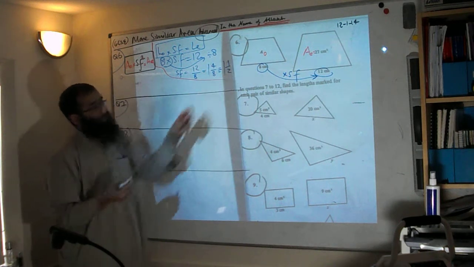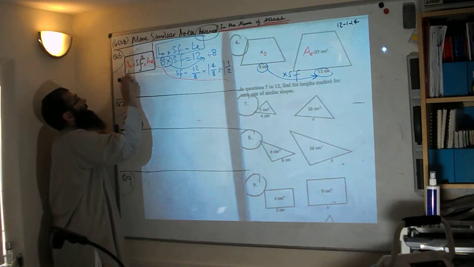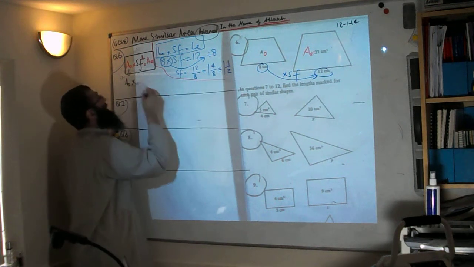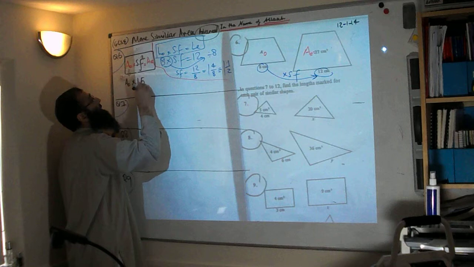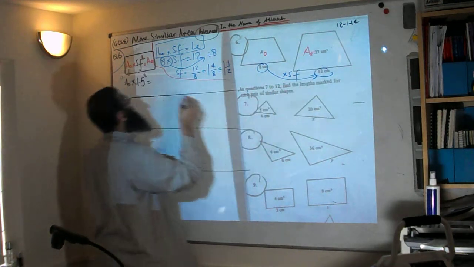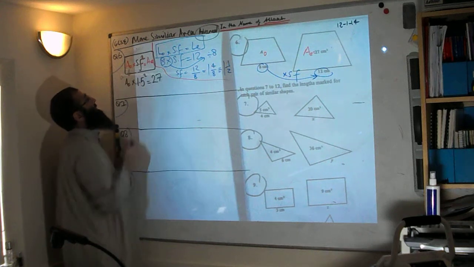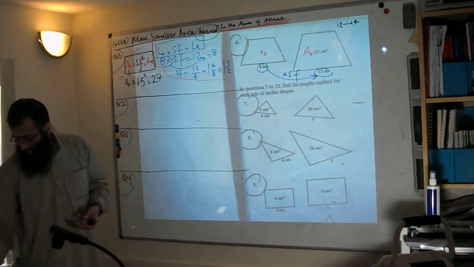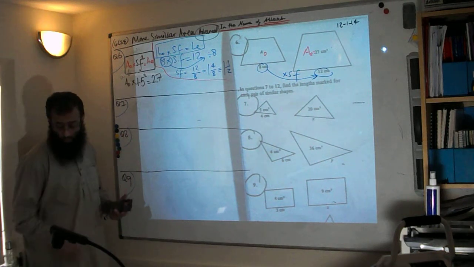Now, AO is AO. The scale factor we worked out to be 1.5. And then we have AE, and AE is 27. Okay, right. We need to use a calculator.